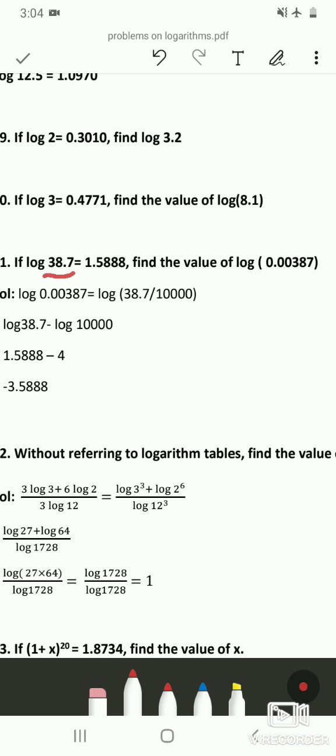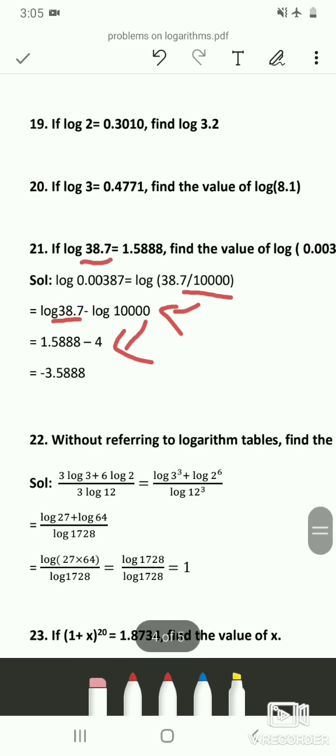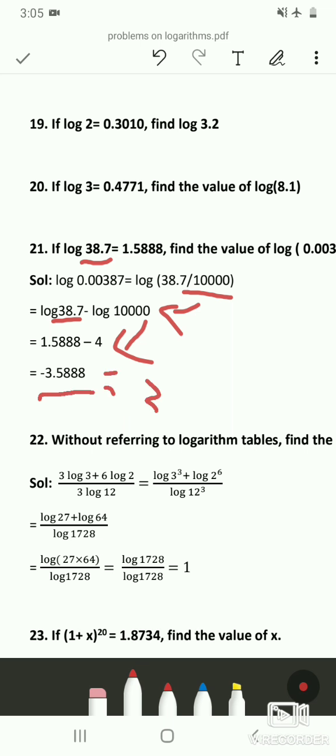So we know that 38.7 divided by 10,000 is 0.00387, and again using the second law we can rewrite it as log of 38.7 minus log of 10,000, and we know that log of 10,000 is 4 and log of 38.7 is given. Therefore the final answer is minus 3.5888 or bar 3.5888.